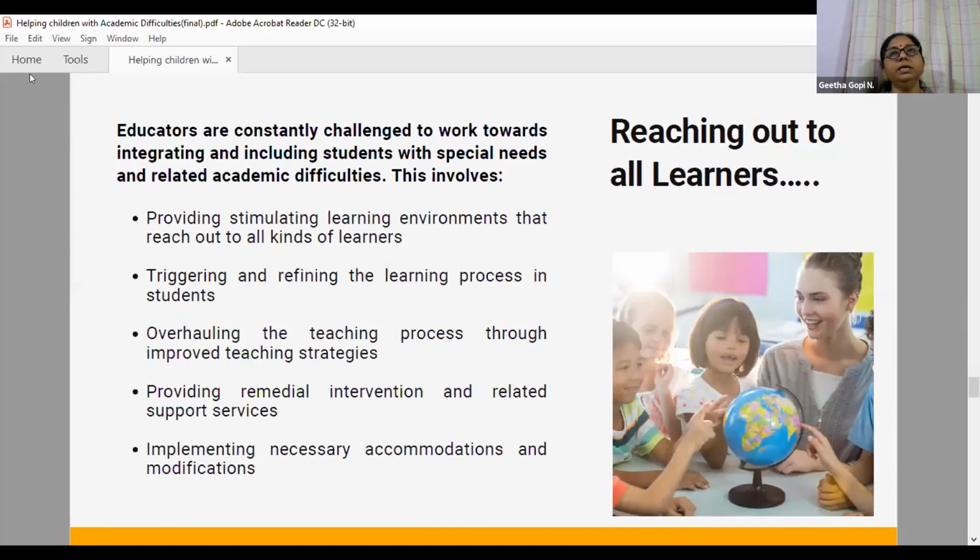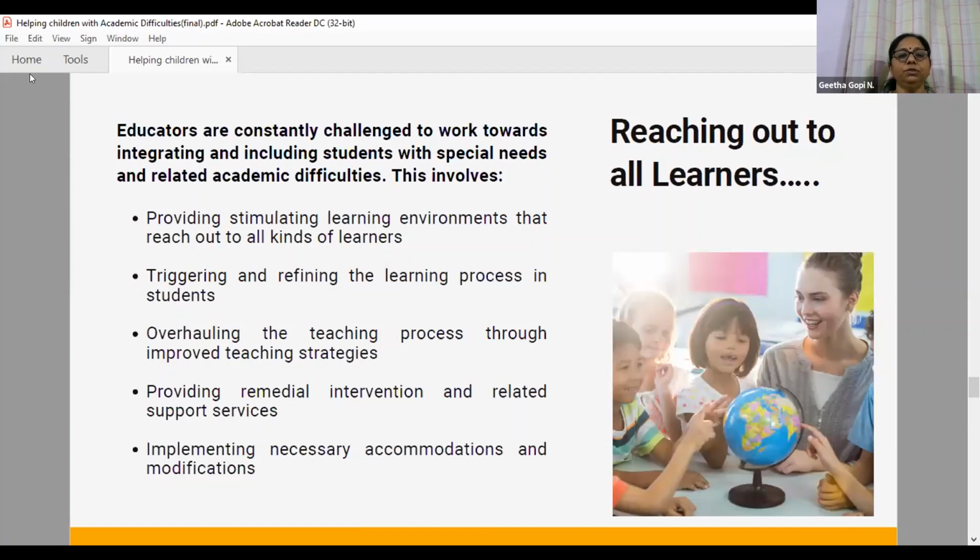Working on the learning process is very important even if you are teaching something like math. Before you even start on addition, you need to know whether the child knows what addition is, how to go about doing it, and understands the different methods that are used. So all these cognitive processes have to be worked on while you're teaching academic content. Being aware of the skills and processes is important so that you can think of ways to trigger and refine them in the students.